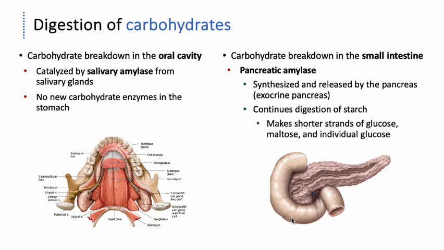However, we may not have completely and totally chemically digested the carbs. And so when you move out of the stomach, that chyme that's moving out of the stomach into the small intestine, into the duodenum, you get an additional amount of amylase, and this is called pancreatic amylase, right? So the secretions of the pancreas include more amylase, right?